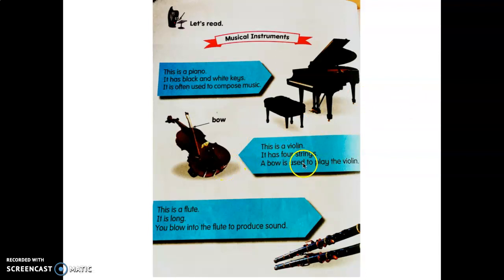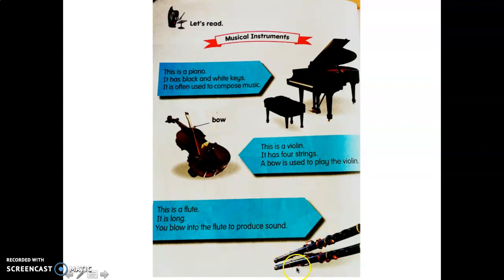A bow is used to play the violin. Apakah itu? Ya, ini ialah biola. Biola mempunyai 4 tali. Penggesek biola digunakan untuk memainkan biola. Okey, ini dinamakan penggesek biola.